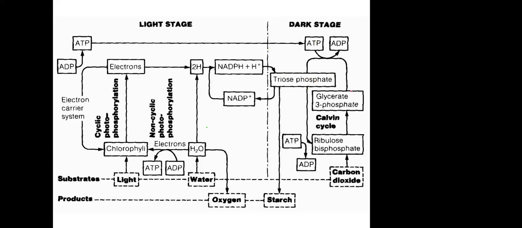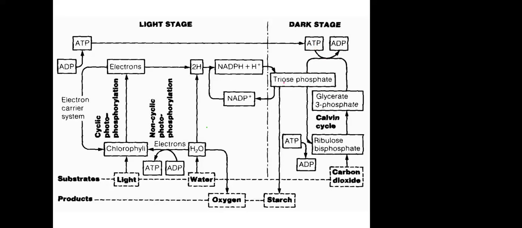And before all that happened, carbon dioxide must have been absorbed and accepted by ribulose bisphosphate and formed into glycerate 3-phosphate, which is then able to be formed into triose phosphate in the presence of ATP and the reduced NADP.